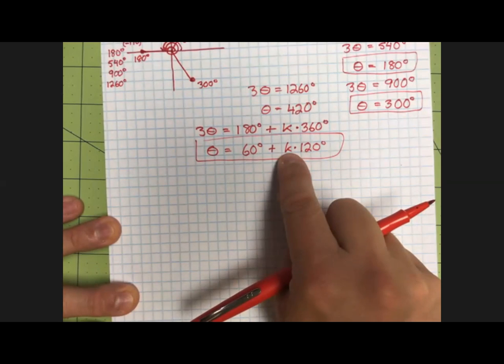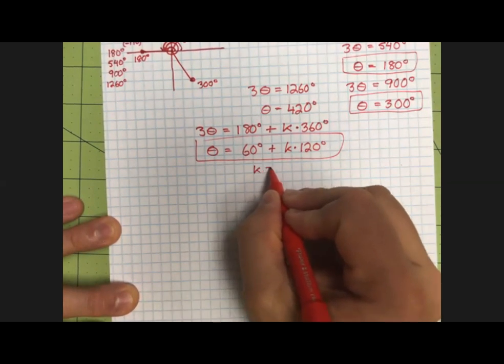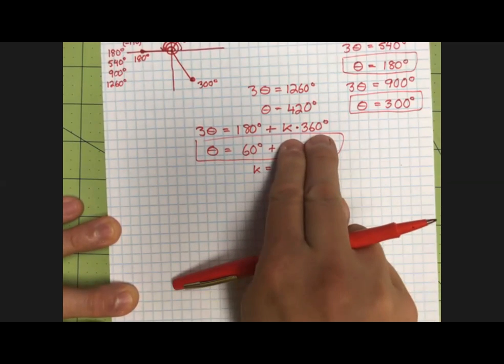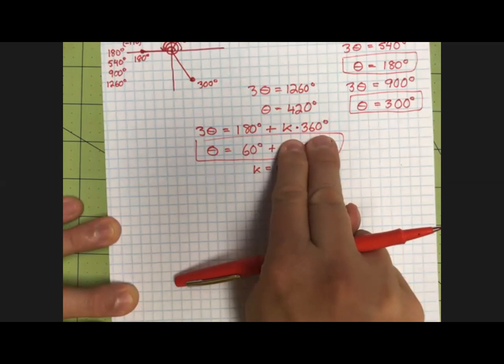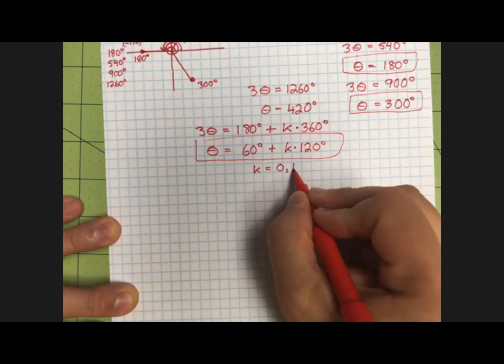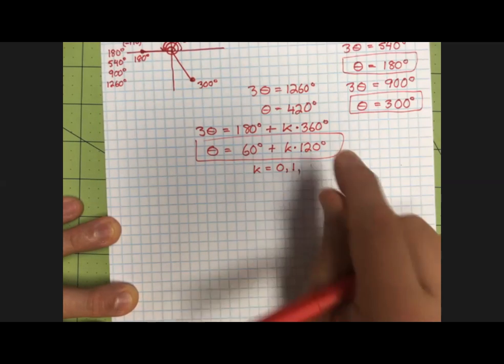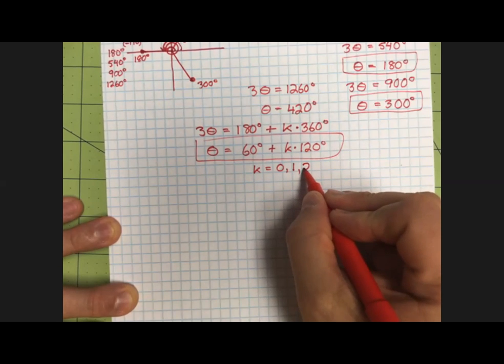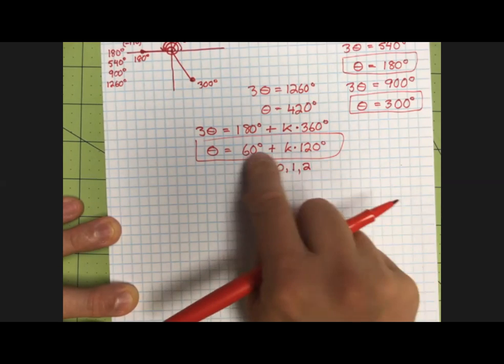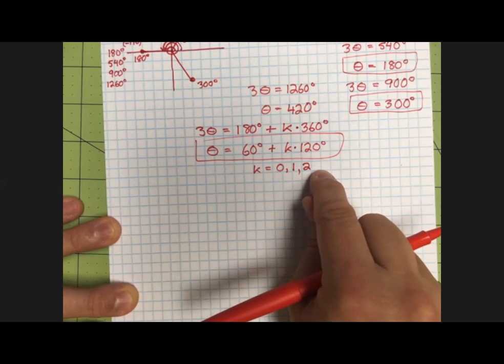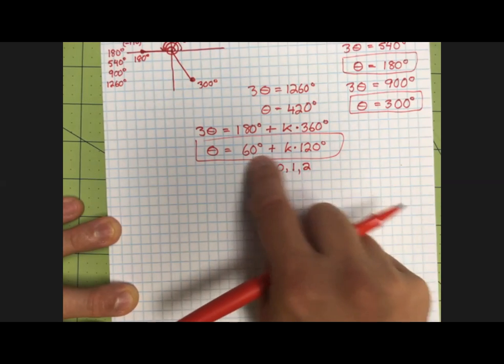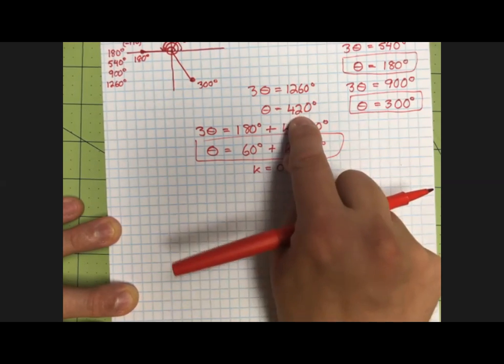Now for every k, I have to say what? For k equals 0, which gives me the 60. K equals 1, which gives me the 180. And k equals 2, which gives me 240 plus 60 is 300. I don't use any more k's. If k is 3, I get 60 plus 360, which was too big. That's the 420.